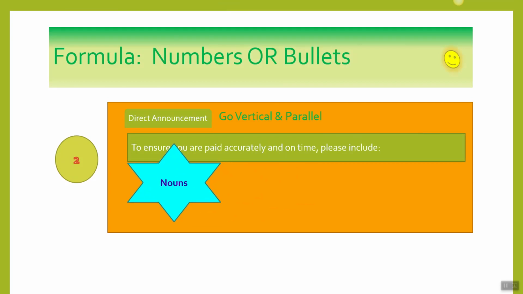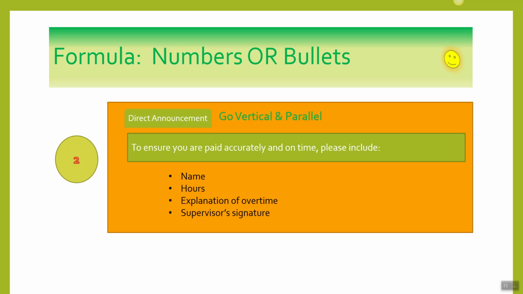So if we use nouns, we want them all to be nouns. That's how we make them parallel. And we can use bullets. So let's see what that looks like. So please include, for instance, your name, hours, explanation. These are all nouns. A name, an hour, an explanation. You can use a or the in front of it. It's a noun.